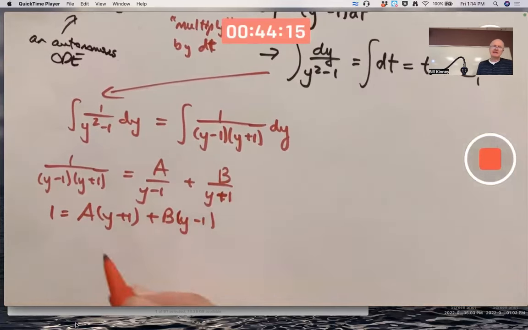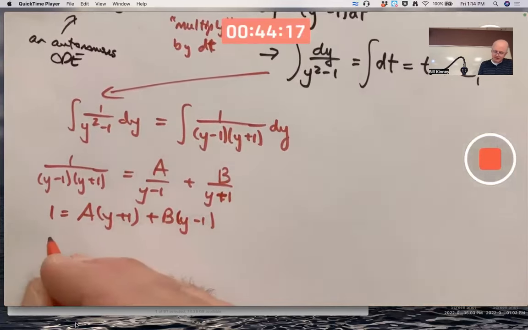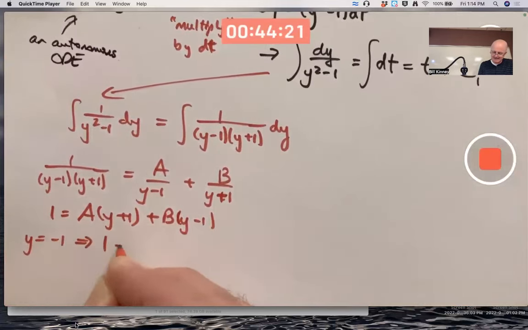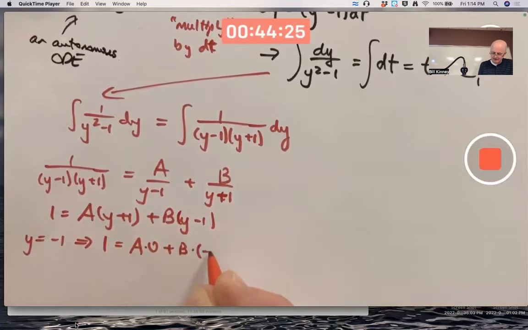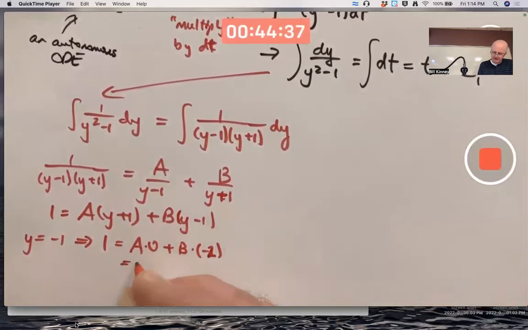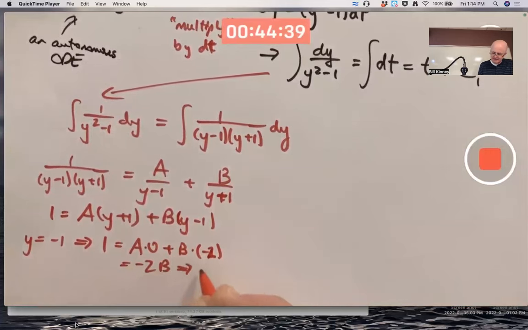And you can rewrite this as a system of equations for a and b, but of course it's quicker to just plug in special values for y. Oops, that's a -2 there. If y is -1, then you get 1 equals -2b, so b is -1/2.